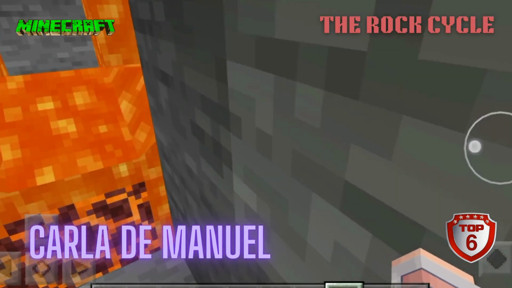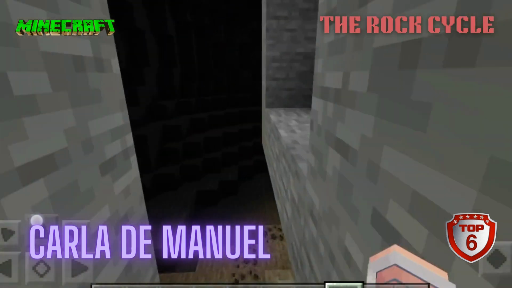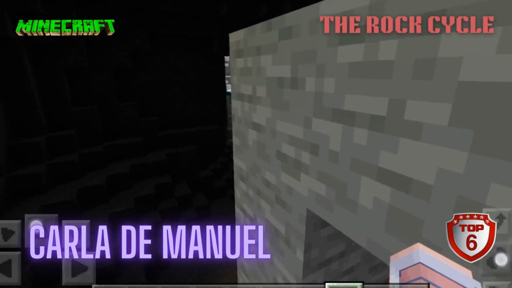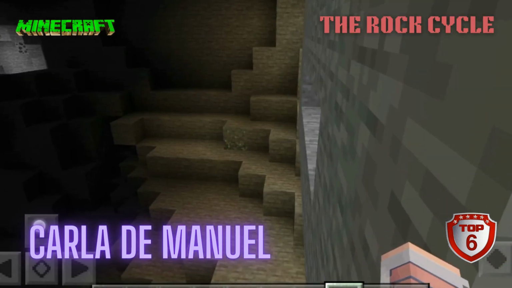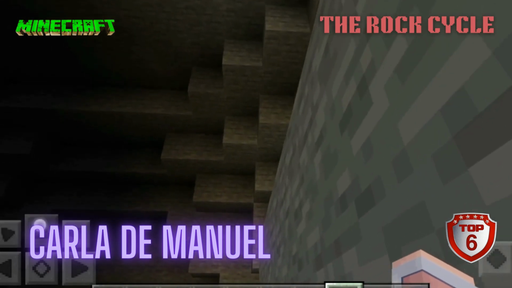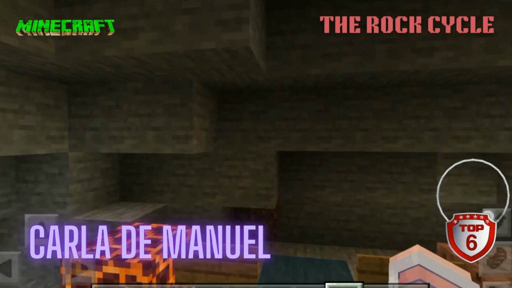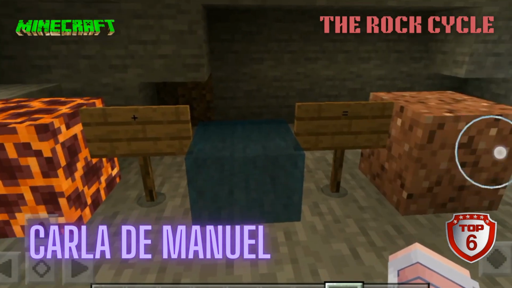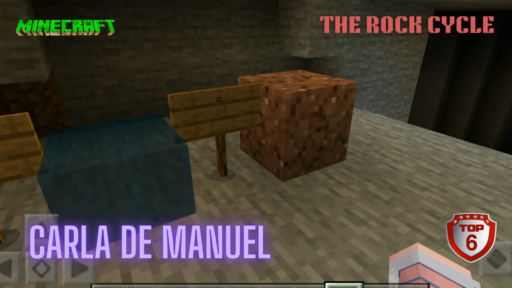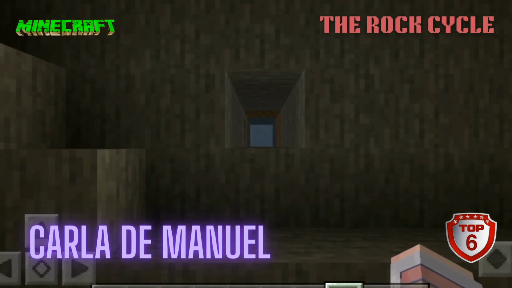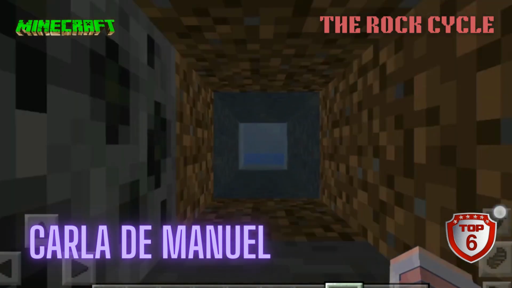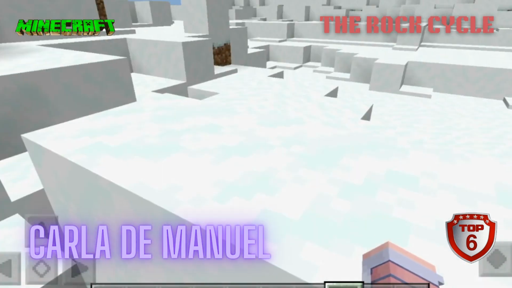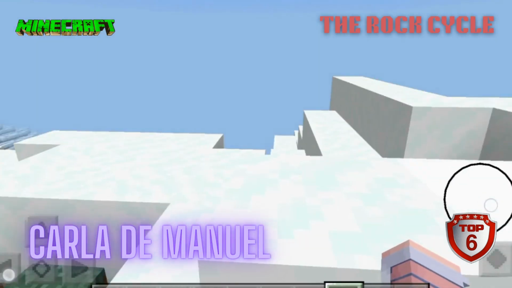This will be the magmatic cave, but if I go this way, I have another view of it with the magma here. If I go here, I can see the process of the magma that cools down and solidifies under the Earth's surface and turns into granite. And this will be the volcano.